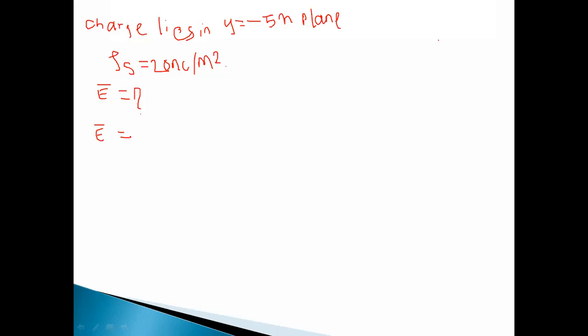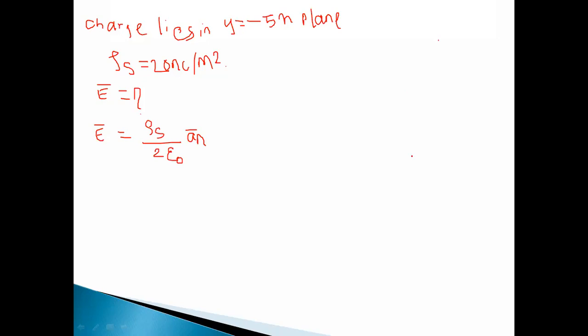Then what is the formula for finding E bar for a sheet charge? Rho s upon 2 epsilon naught into unit vector A bar n. That is the normal vector or perpendicular vector.